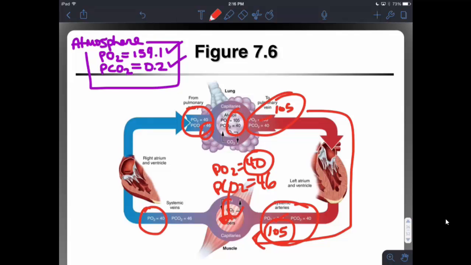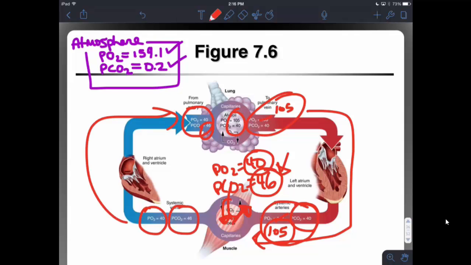And we're going to see CO2 leave the cell and go into the blood because the PCO2 in the cell is higher than the PCO2 in the blood, and that's going to equilibrate with what's in the cell, which is 46, and that's going to go back and start all over again with 40 and 46.